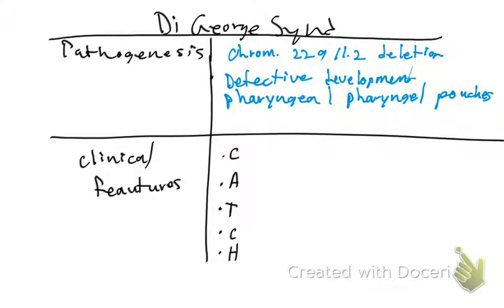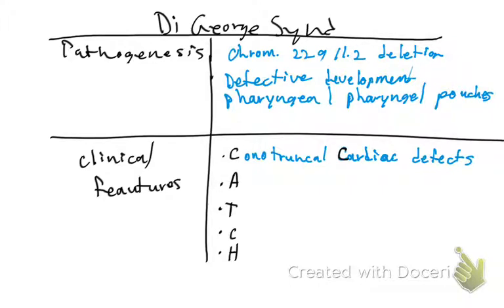The C stands for conotruncal cardiac defects. So conotruncal, and another C, cardiac defects. What kind of defects can this patient have in the conotruncal defects?